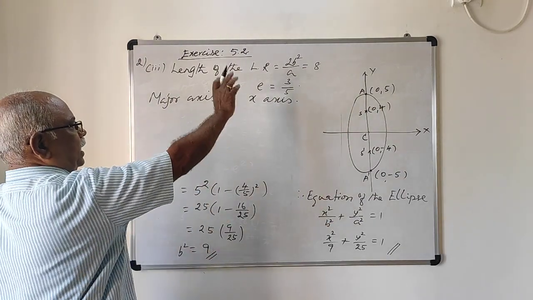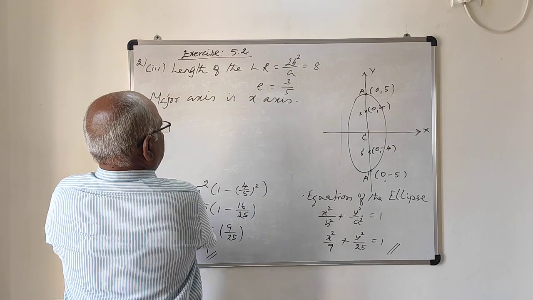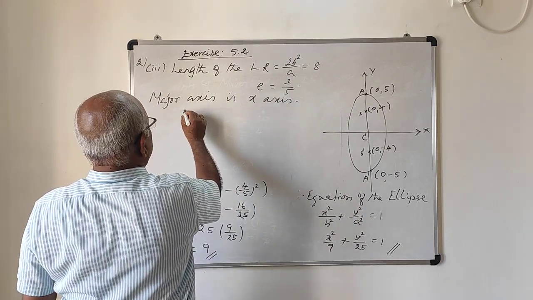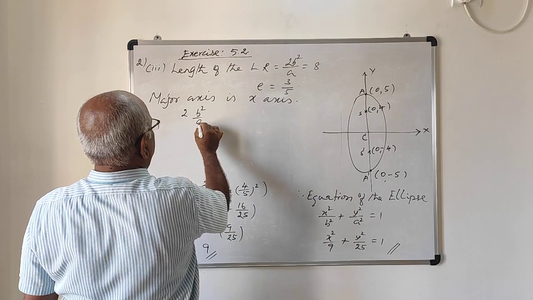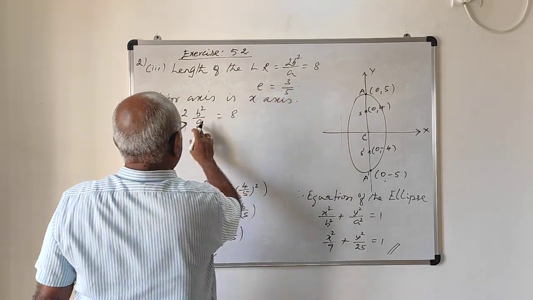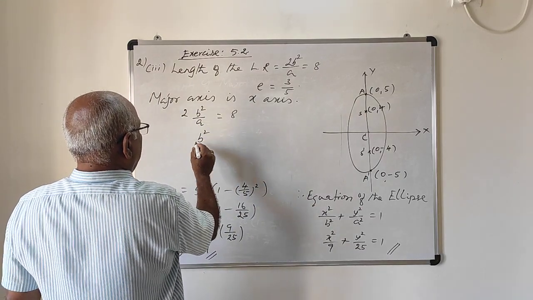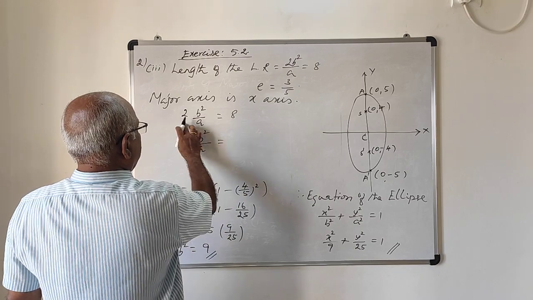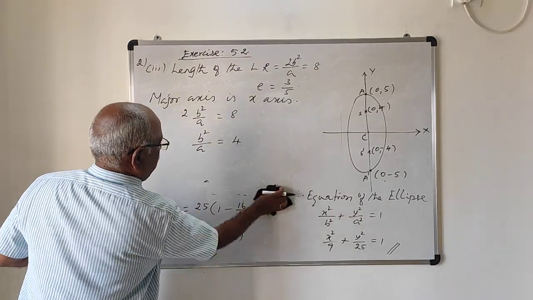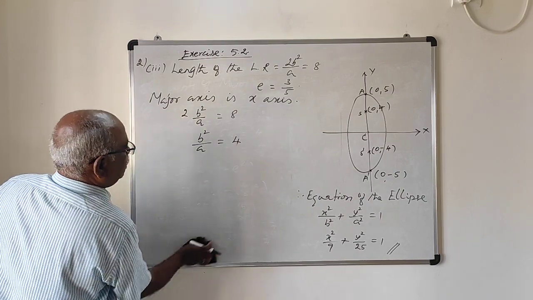2b square by a equal to 8, given. Therefore, b square by a equal to 8 by 2, that is 4.